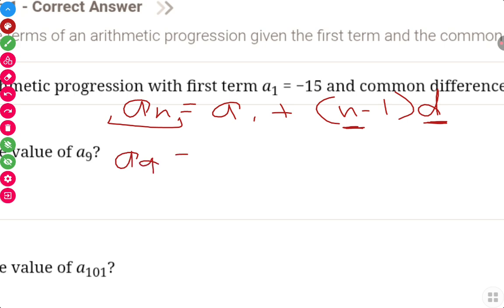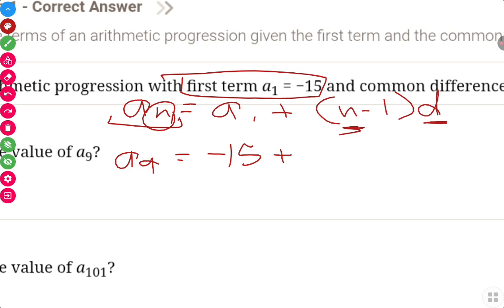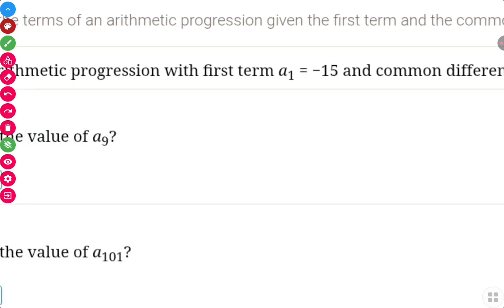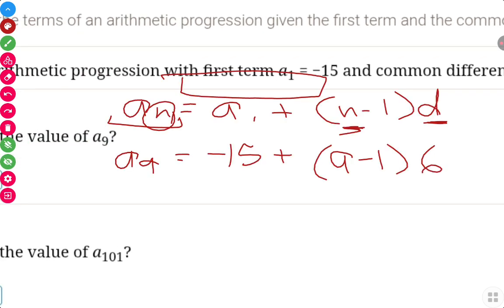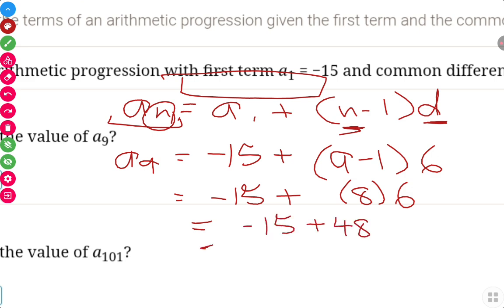So A9 is equal to A1, which they told us the first term is negative 15, plus n, which is 9, minus 1 times the common difference, which is 6. So negative 15 plus 8 times 6, which is negative 15 plus 48, which is equal to 33. So A9 is 33.